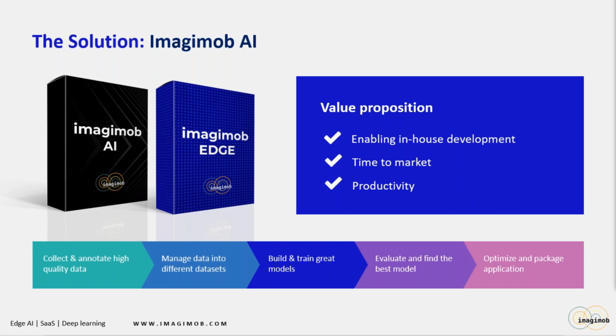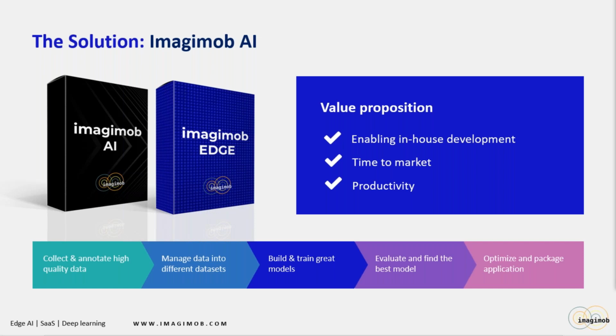First, we will collect and annotate high quality data from a radar sensor. I will soon show you how this sensor looks. Then we will manage this data into different data sets. We will also look at the data inside of the tool to understand it. Then we will build and train great AI models, and look at one of those models to evaluate it and assess that it's good.